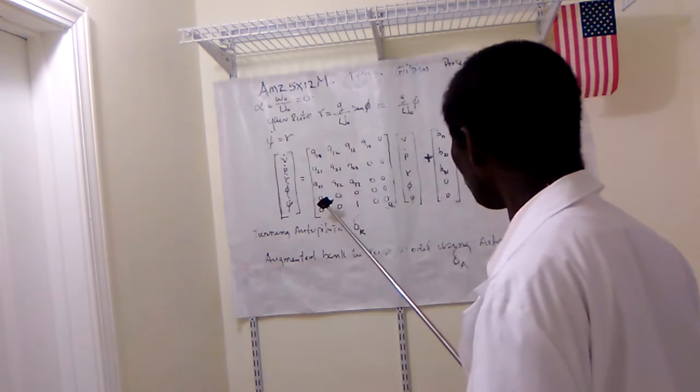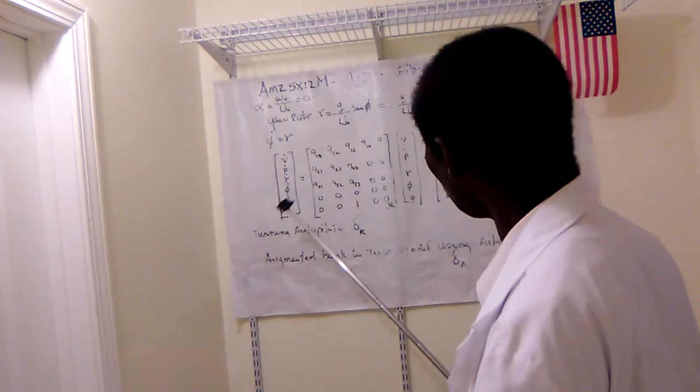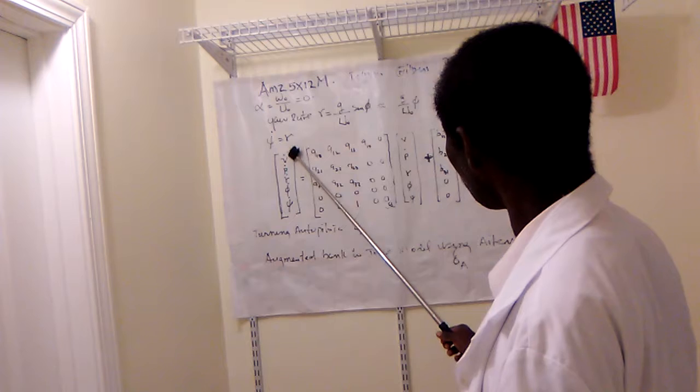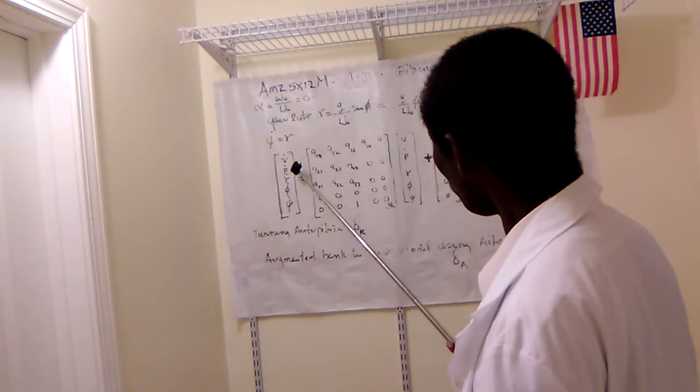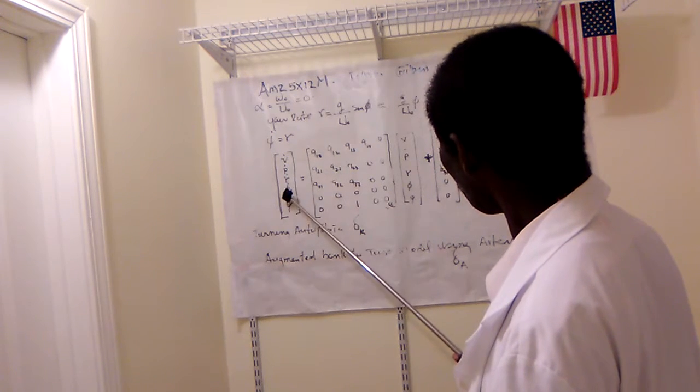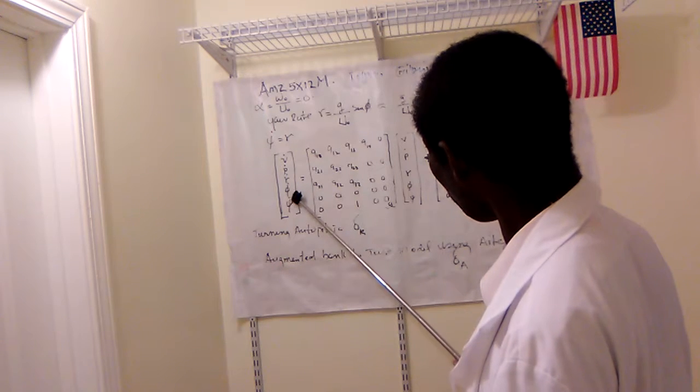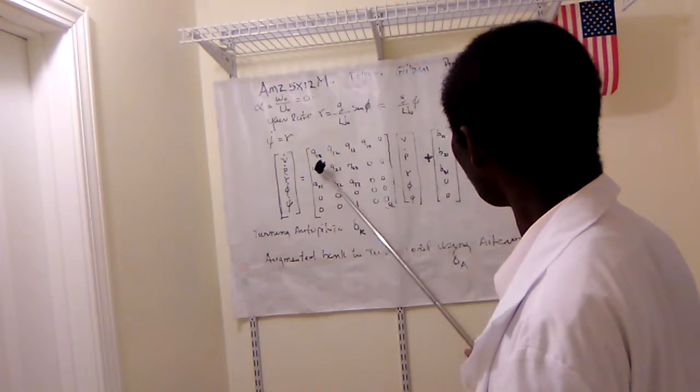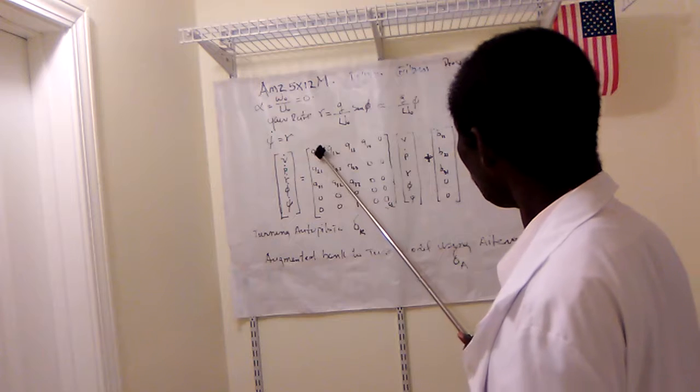And for this equation we have V dot, and these are the rates of change with respect to time: P dot, R dot, which is the R rate, psi dot and phi dot, is equal to this 5x5.